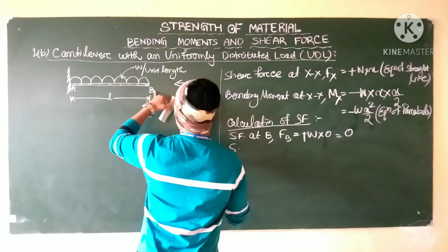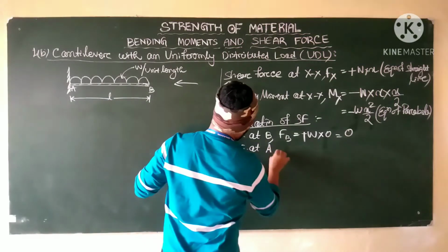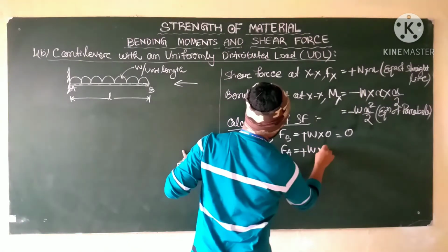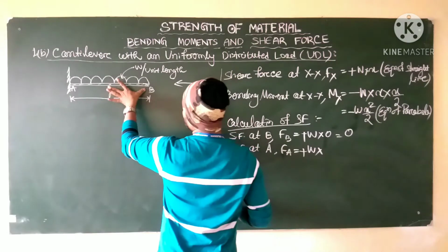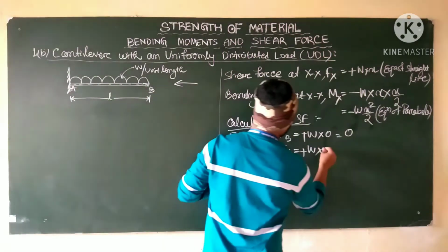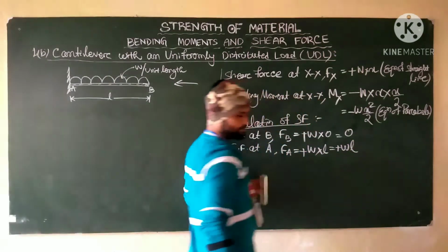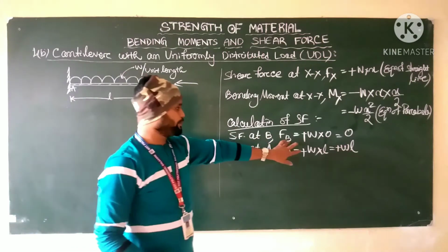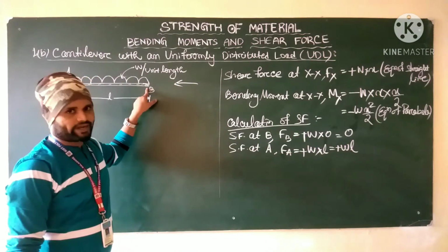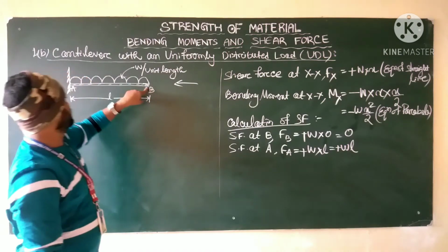Next, after B, point A comes, so shear force at A, that is FA, equals plus W into the total distance over which the UDL is applied, which is L. So W into L equals plus WL. At point B, the distance is 0 since it is the starting point of the UDL.